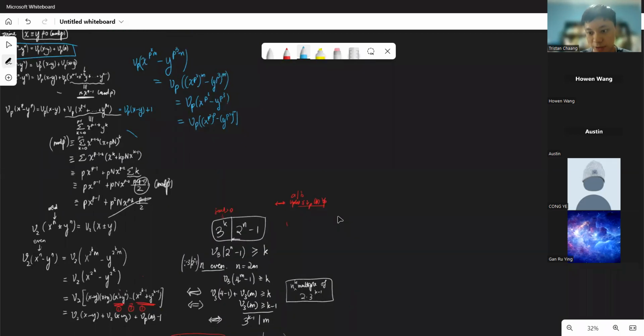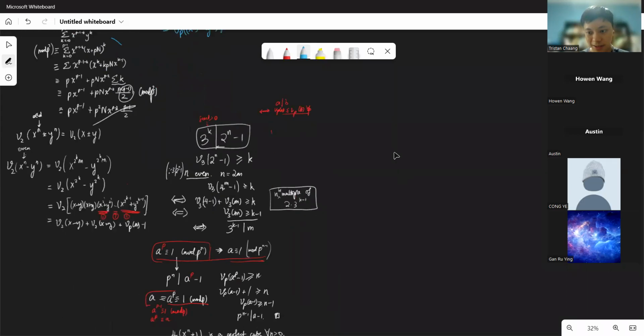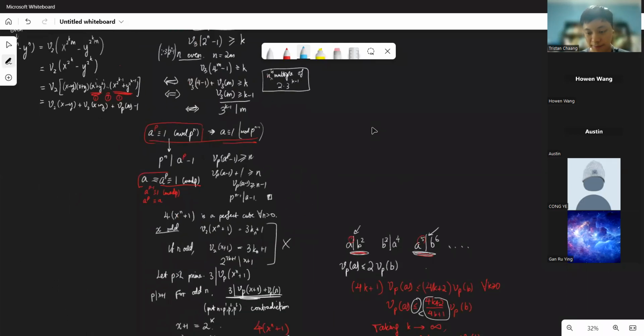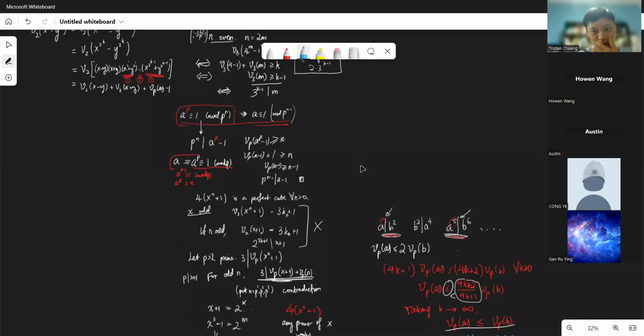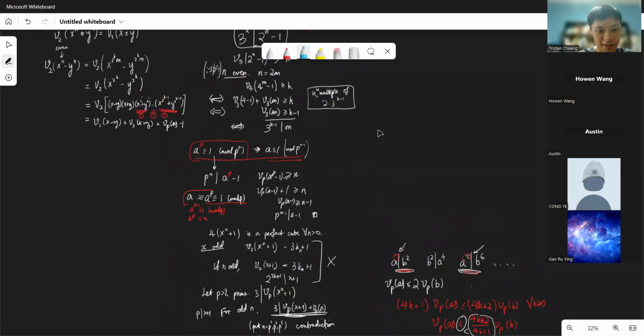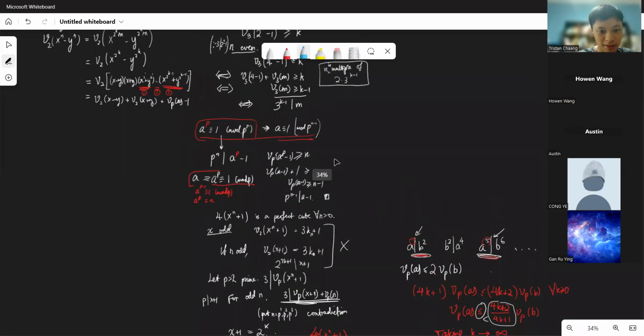Can you explain question 2 last? Which question 2? The warm-up one or the exercises section? The Fermat little theorem. Oh yeah, the one in the exercises section. Where is it?